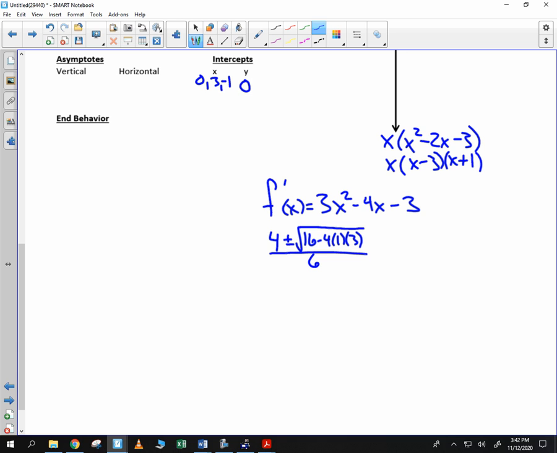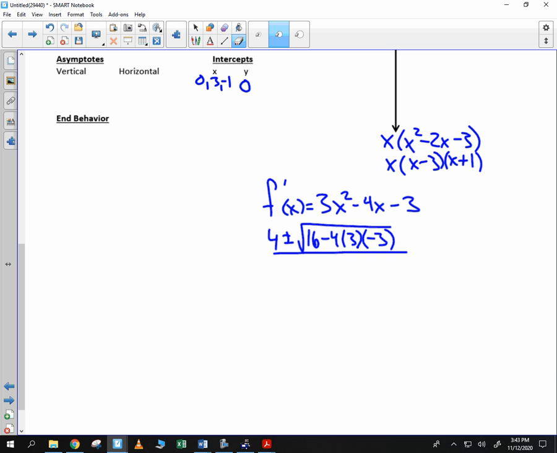Oh, it doesn't factor. I didn't think it did. But I mixed something up. Oh, sorry, 4 times 3 times negative 3. There we go. Sorry about that. Try that again. 4 plus or minus the square root of b squared, which is 16, minus 4 times a, which is 3, and c is negative 3, all divided by 2a.